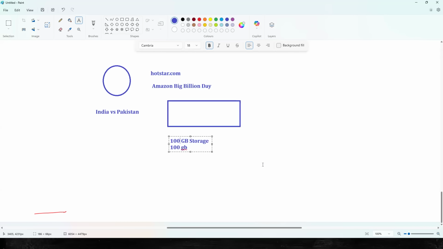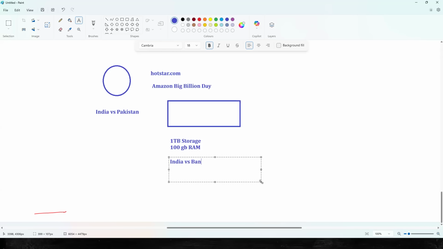Here you can consider 1 TB storage and 100 GB RAM. But on the day you are playing India versus Bangladesh, you are using this much.